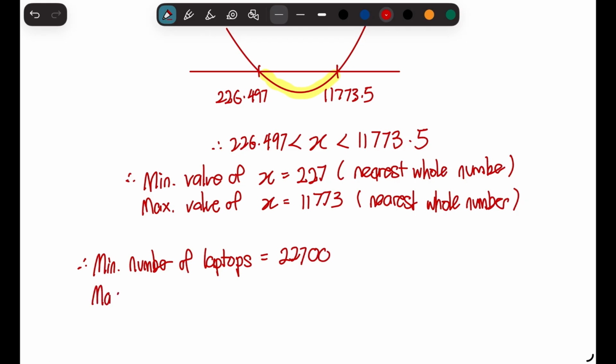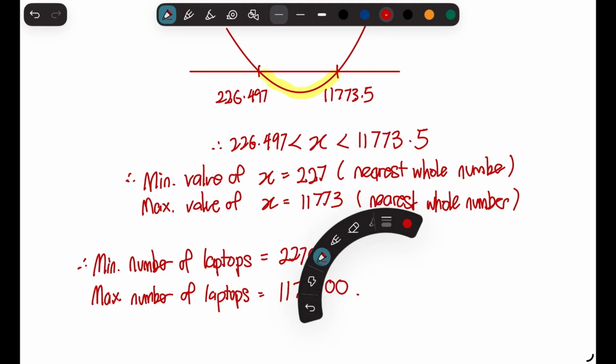The maximum number of laptops would simply be equal to 1177300. And that is the solution to the last example of this worksheet.